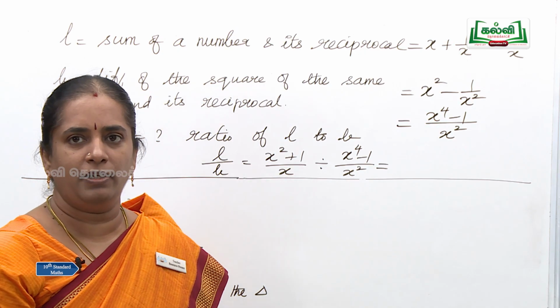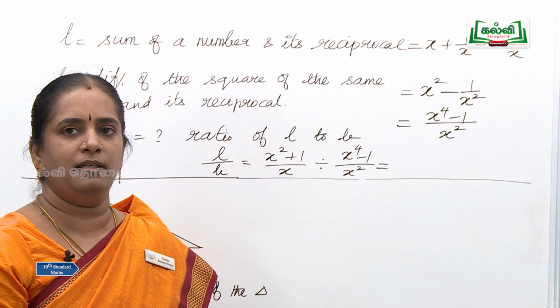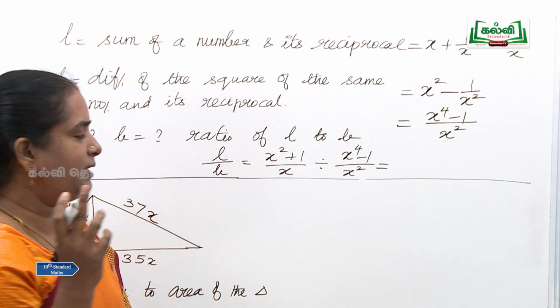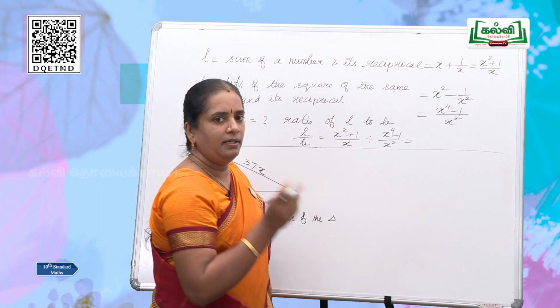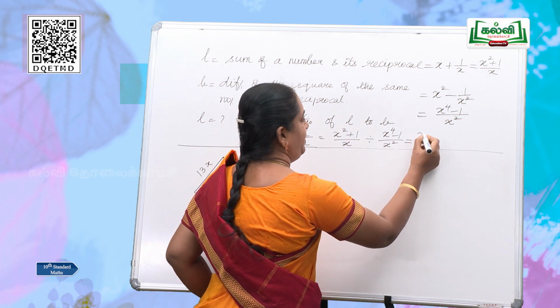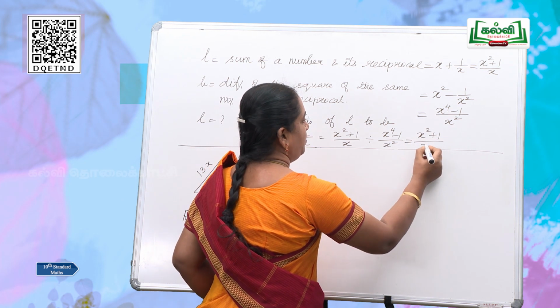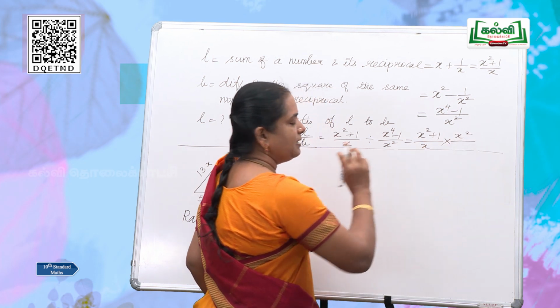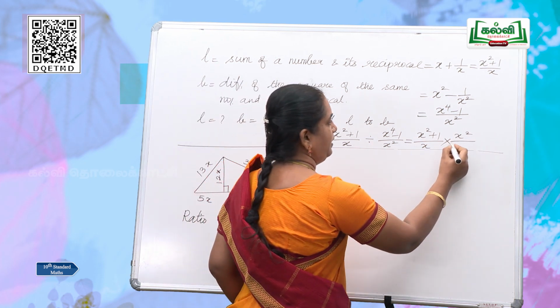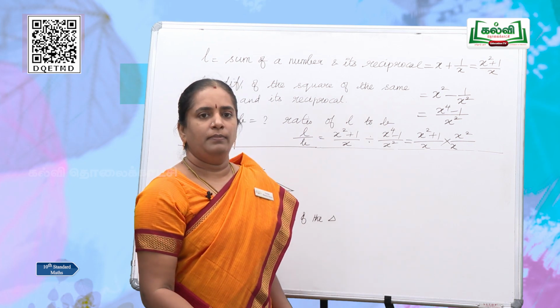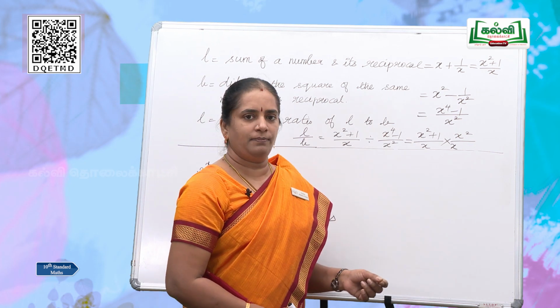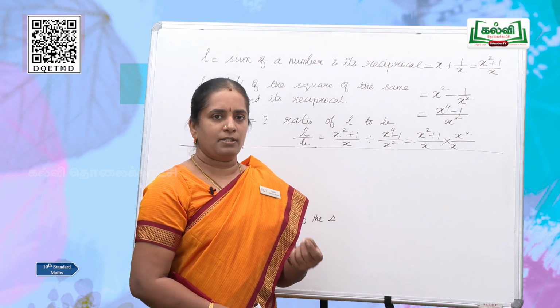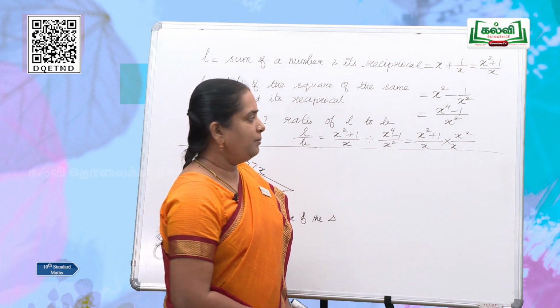So, we have to convert division as multiplication and then take the reciprocal of the second rational expression. Keep that in mind. So, we will be having x square plus 1 by x into, so this is taken as a reciprocal, x square by, here x power 4 minus 1 can be split into x square plus 1 into x square minus 1.